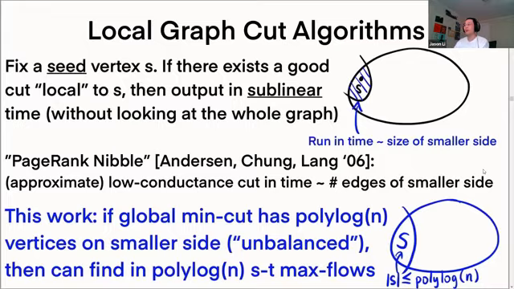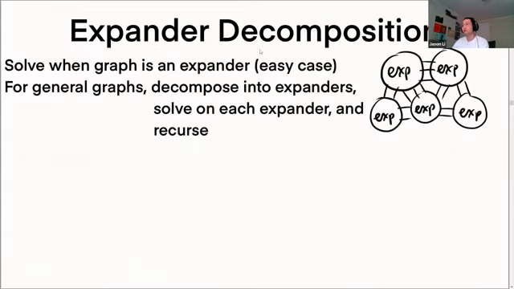The second technique we're going to use is expander decomposition. And here the concept is very simple. There are just two steps. First of all, let's suppose as an easy case that the graph is an expander. For a lot of problems, when the graph is an expander, the problem becomes a lot easier. And for general graphs, the idea is going to be, let's just decompose the graph into expanders. So partition the set of vertices such that every vertex set induces an expander.